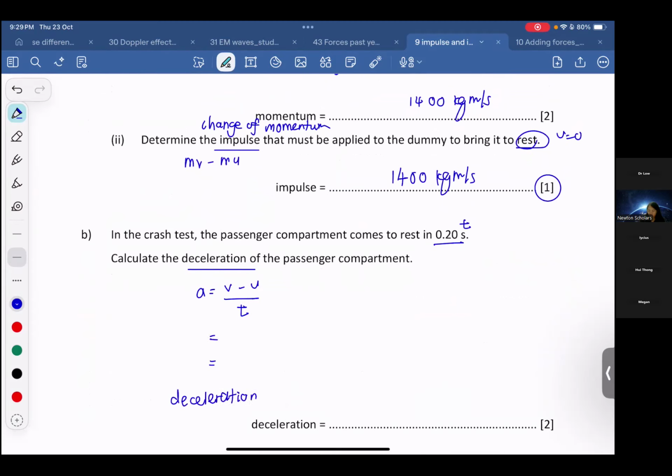Okay, do your calculation and then tell me. Come to rest, so final is 0. Answer, answer, answer.